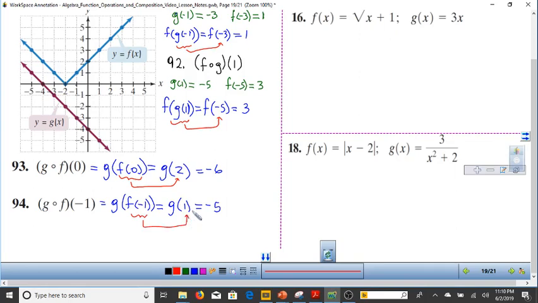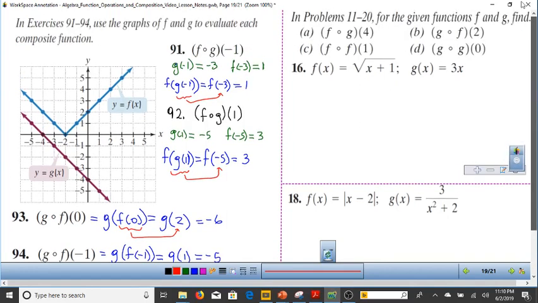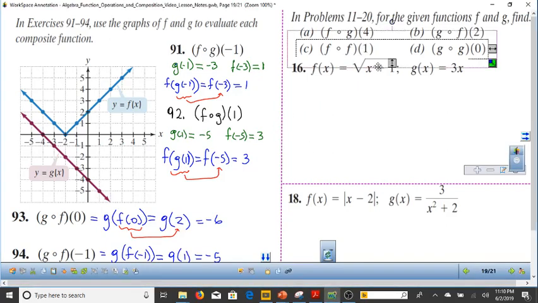Now let's apply that same approach to the following questions. For numbers 11 to 20, find a, b, c, and d, and they have asked us to use the given function that they have here. So let's see if we can do a little work here.